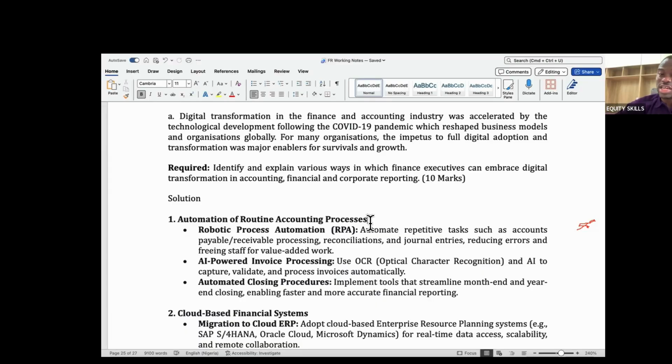I'm also going to invite you for a class on, I think, Wednesday. I would advise you to join. I want to use the opportunity to teach you sustainability reporting, and maybe IFRS 18, I'm not sure, but I am sure that I would start and finish sustainability reporting that day.